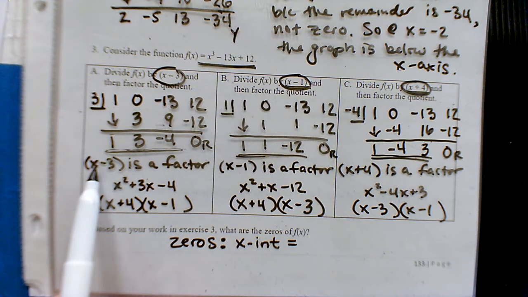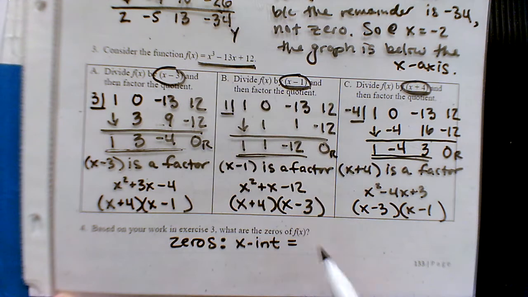So for instance, in the first one, we said x minus 3 is a factor. What is the x-intercept from that factor? What is the 0 from that factor? 3, okay? After we figured out x minus 3 was a factor, we were able to take the quotient further into factors, which means we could figure out those x-intercepts.